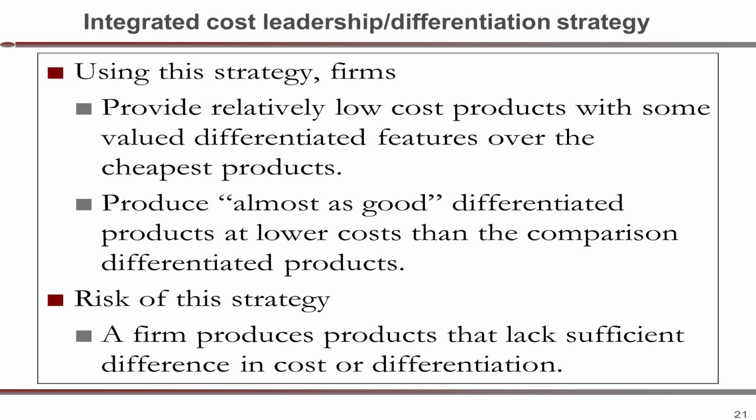Or the differentiators can create a lower cost version of their high-end product and squeeze you out that way. And so it's very easy to get squeezed in the middle of the two extremes. So again, it is possible to be successful with this strategy, but it's very difficult.